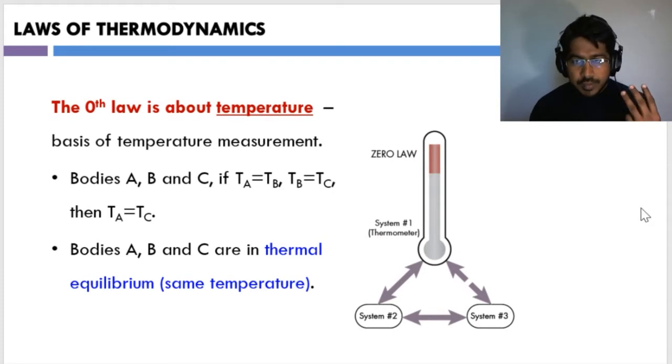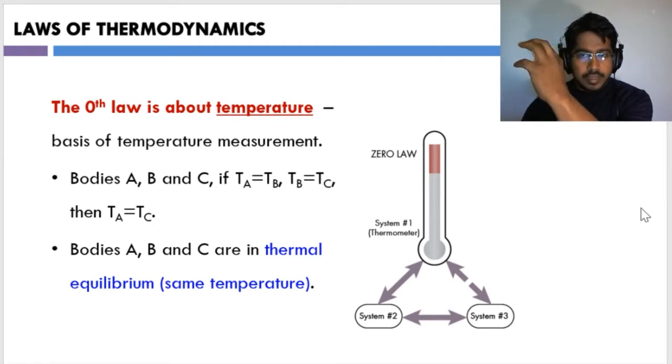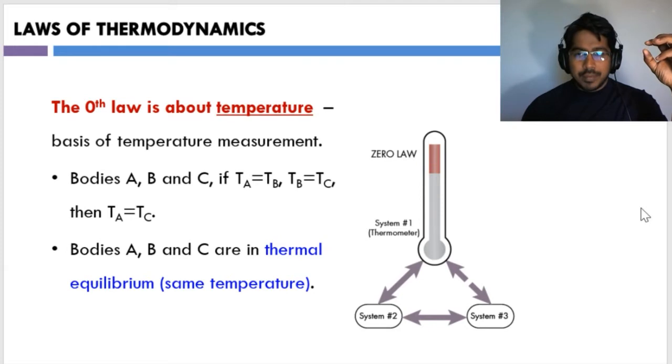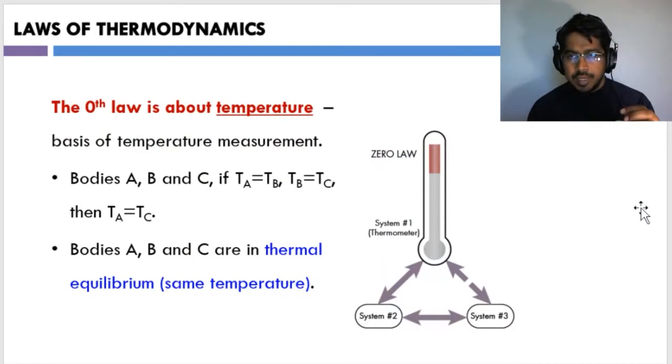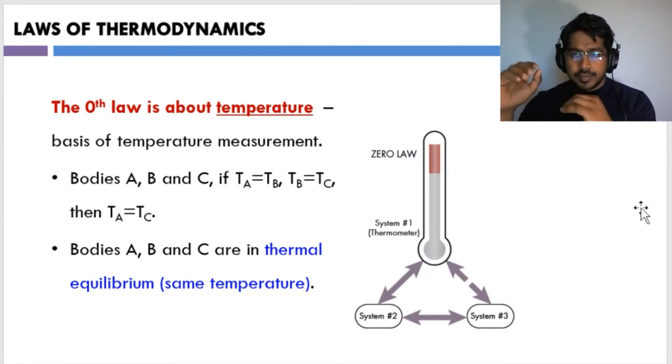There are three main laws. One of these is the zeroth law. The zeroth law discusses thermal equilibrium. If we have three bodies, A, B, and C, and if A and B are in equilibrium, and B and C are in equilibrium, we can say that A and C are in equilibrium.